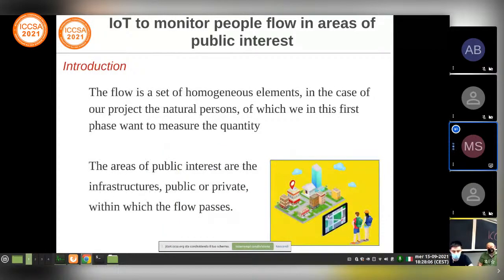Flow is a set of homogeneous elements. In this project, we intend the natural person, of which we, in this first phase, want to measure the quantity inside our environment. The areas of public interest are infrastructures, public or private, through which the flow passes.